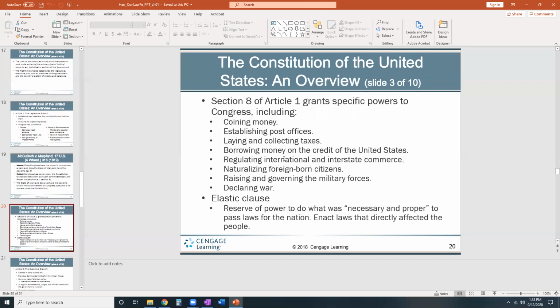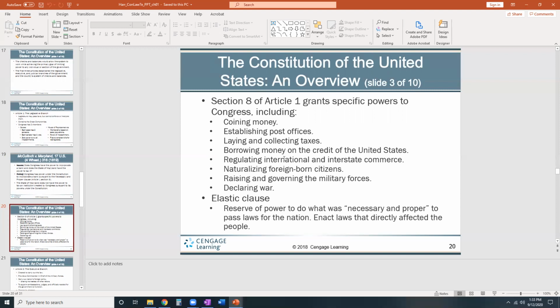Now, one of the powers that also is found within that section is what is known as the elastic clause. Why is it called elastic? If something is elastic, it means it's very flexible, right? So we've given it the nickname of the elastic clause because what this part of Article 1 says is that Congress has the power to do anything that is necessary and proper. That's a quotation.